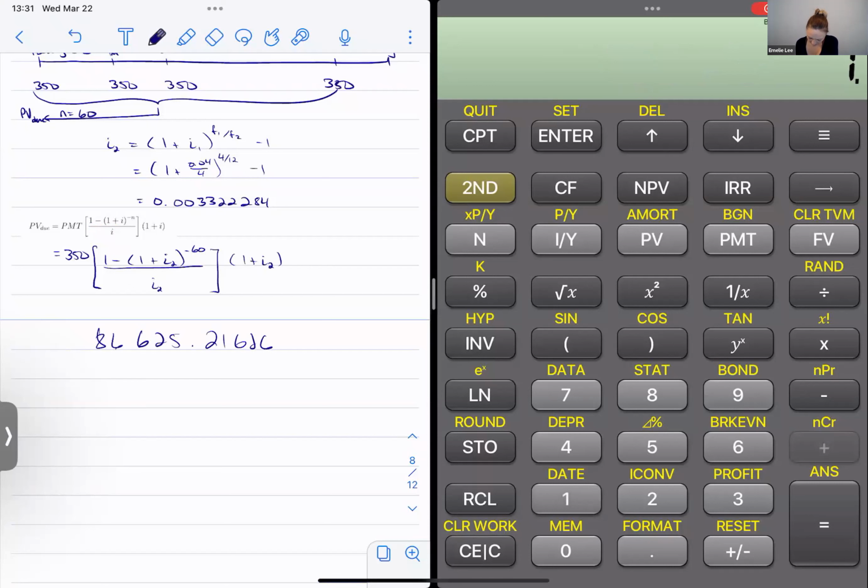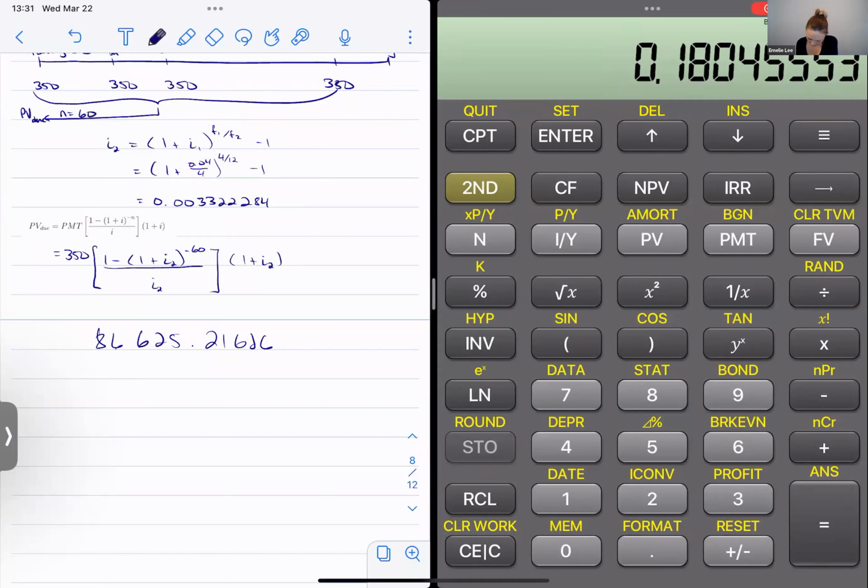1 plus recall 1 to the power of 60 negative equals 1 minus that. Okay.